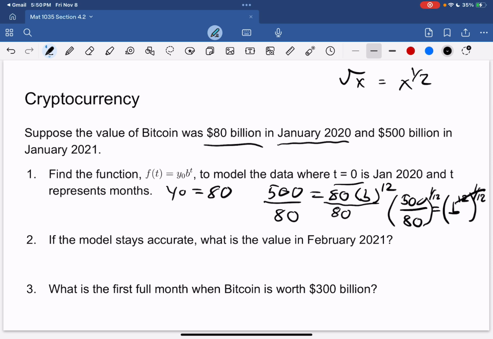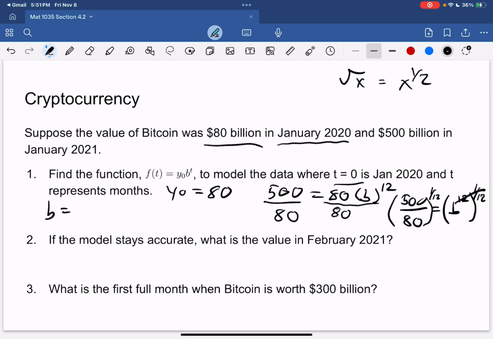When that happens, those exponents multiply together to give me 1. So b is then equal to 500 divided by 80, all raised to the 1/12 power. Make sure it's the whole quantity and not just your 500 or your 80.